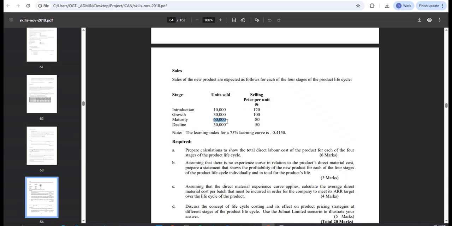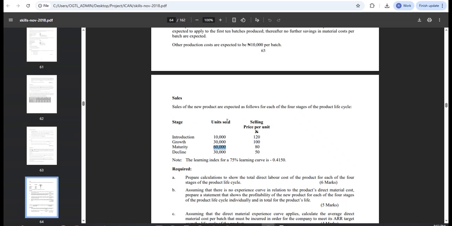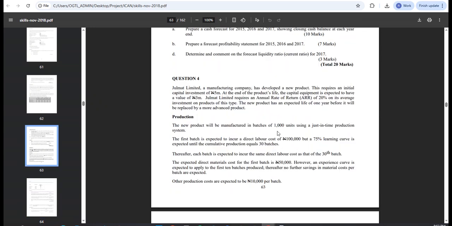Now, don't forget, this unit that you're seeing in 60,000, how many units make one batch? 1,000 units make one batch. Does that make sense? Yes, sir.